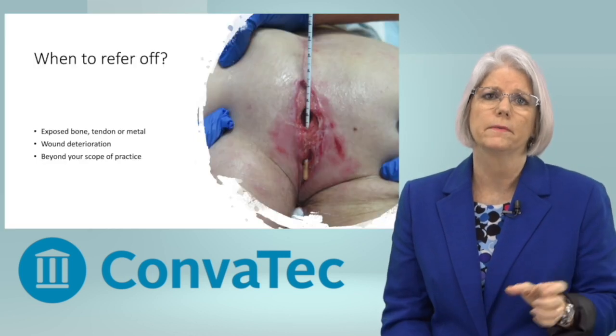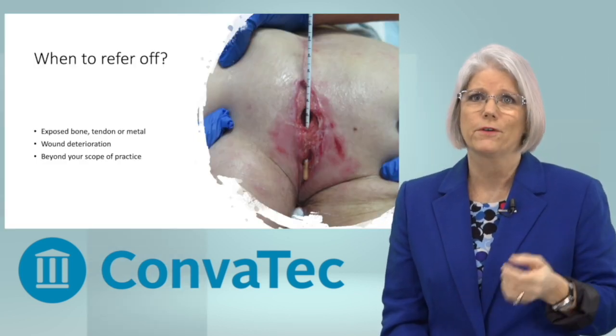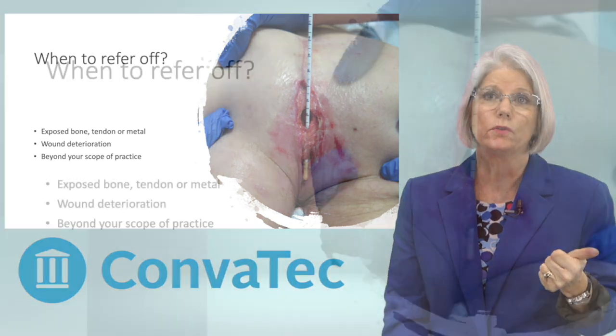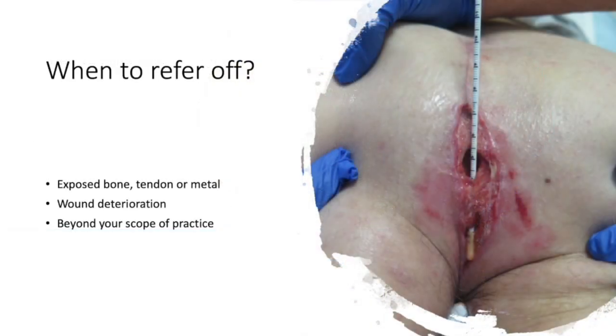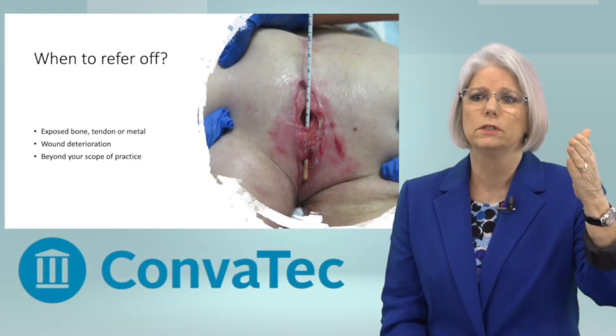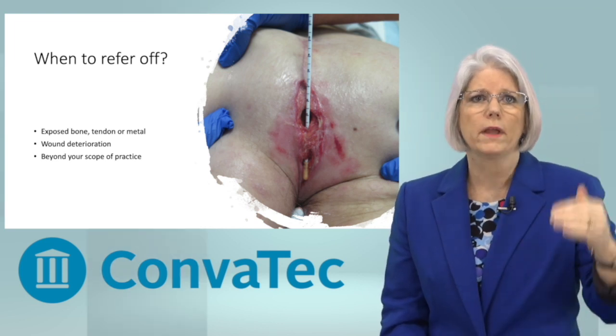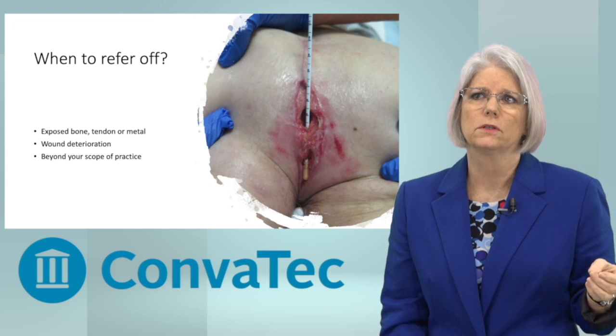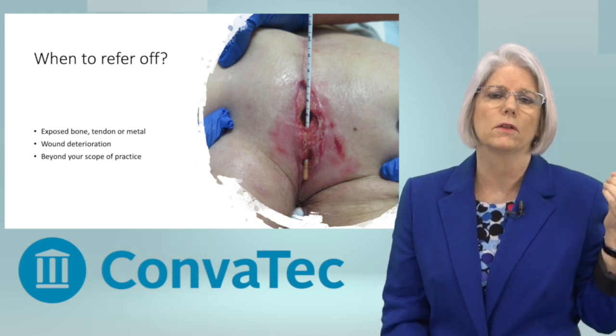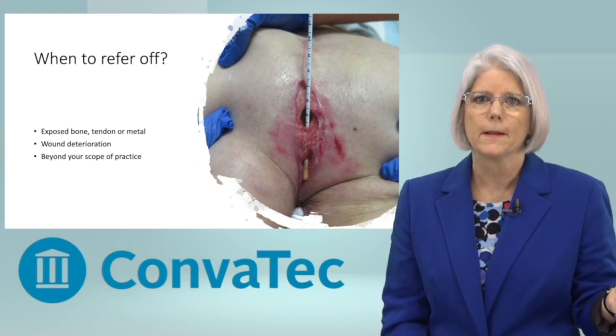So when do you refer off? Well, when you have exposed bone, tendon, or metal for the first time, it is certainly an urgent referral to a surgeon. Any wound deterioration where you just don't, month after month or week after week, continue to say wound deteriorating, wound deteriorating, wound deteriorating. And we have this on our standard wound assessment. I had a patient who came in at 3 o'clock on a Friday afternoon.